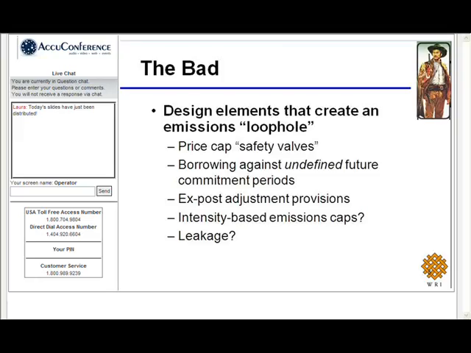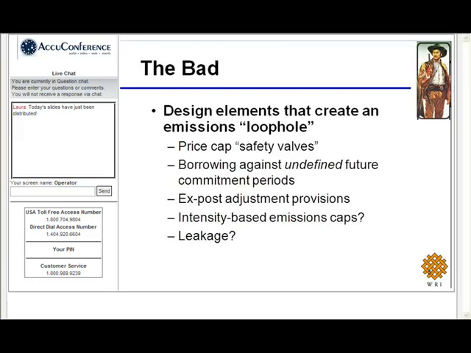Looking at some other possible deal killers, if you're looking at borrowing provisions, in some cases that could be a deal breaker. Specifically, if you're talking about borrowing against undefined future commitment periods.